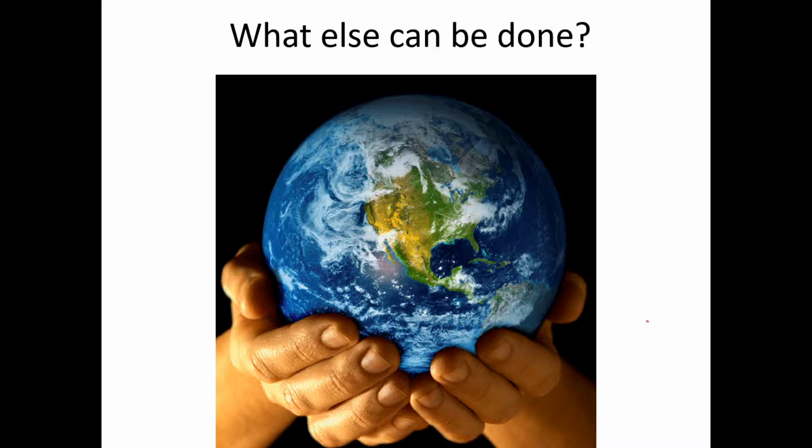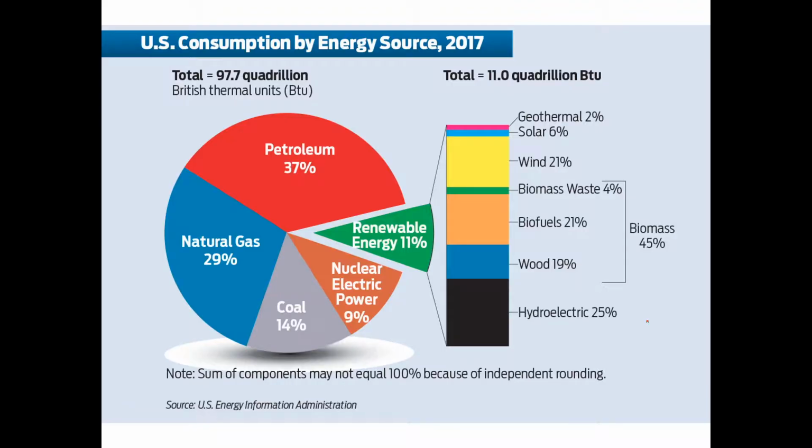So lastly, what else can be done? Well, on a broader scale, we'll talk briefly here about thinking about where our electrical power comes from. So this is from 2017. It's the most recent data I could find in this nice graphic format. And you can see that if I do some quick math here, 14 plus 37 plus 29, that's 80% of our energy in the United States comes from burning fossil fuels, even to this day.